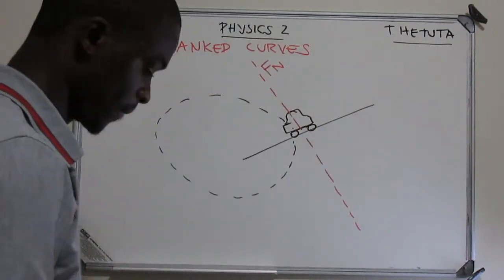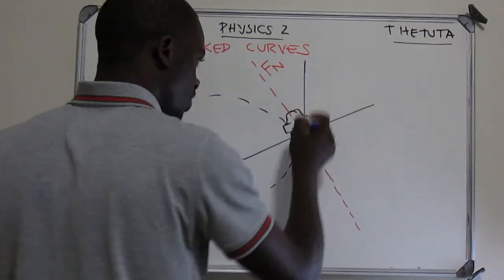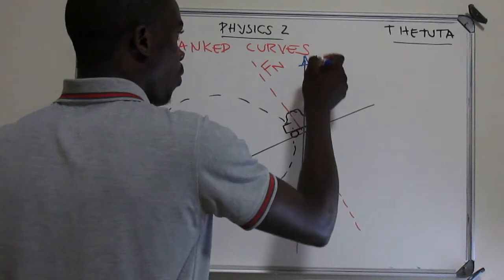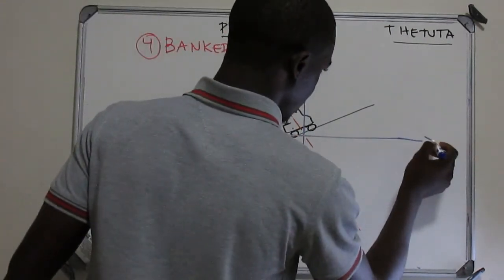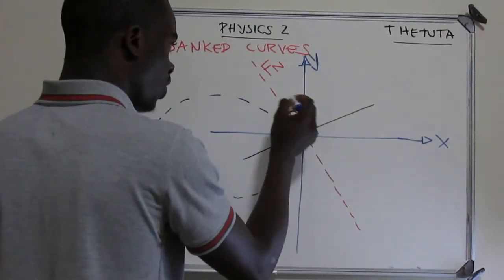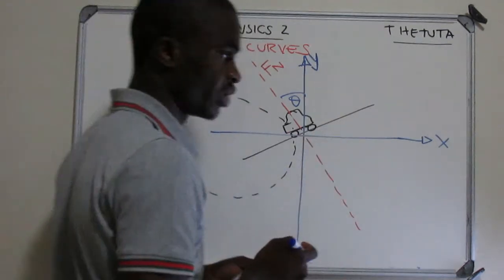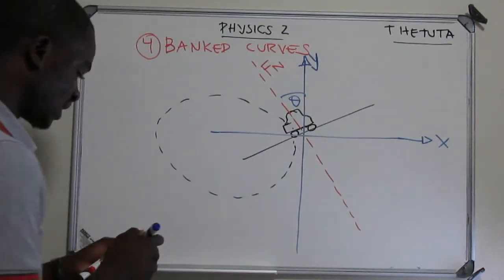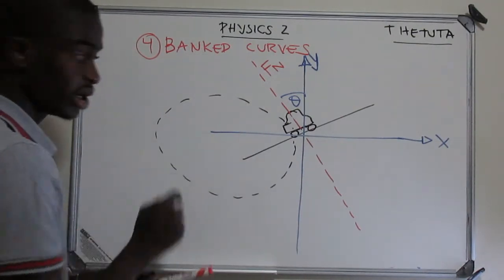But remember, we have the y and x axes. This is going to be our y axis, and then you have your x axis. And then we are given a specific angle at which this car is inclined. So automatically, you're going to have a net force in x.